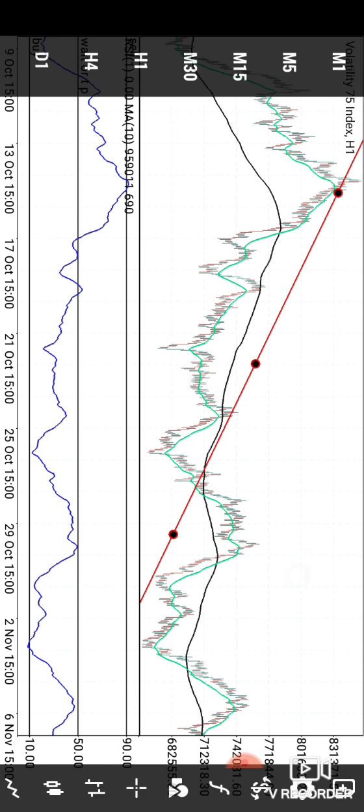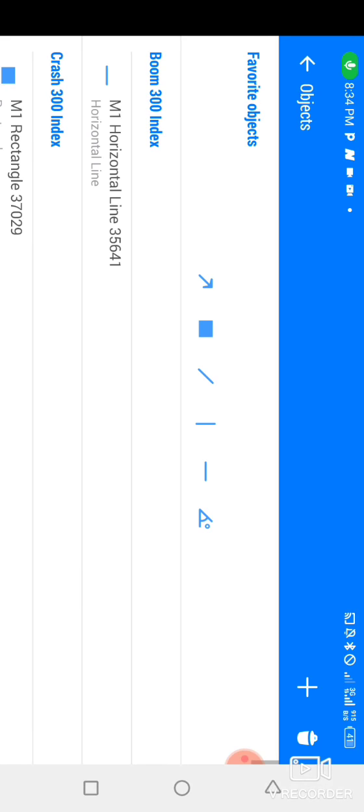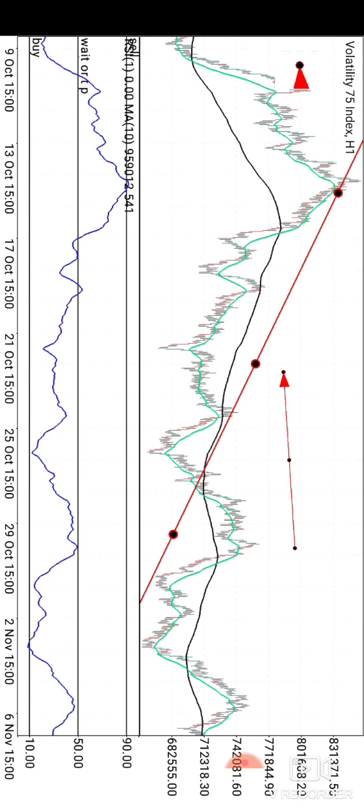What I mean is, see, this high is lower than this high, and this high is lower than this one, so it's making lower highs. Because these are volatility markets, they will not follow the ideal definition of a trending market, but believe it.